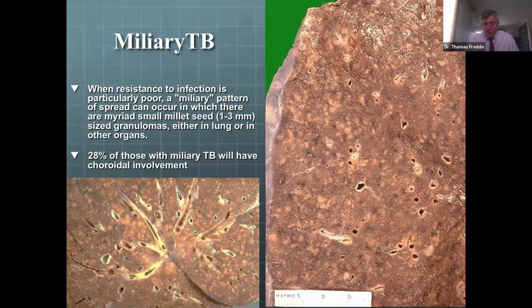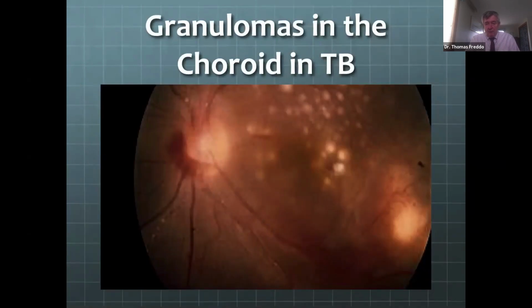Finally, and again, this is just a cursory overview and reminder, is miliary TB. When resistance to infection is particularly poor, a miliary pattern of spread can occur in which we see myriad small millet-sized granulomas, either in the lung or in other organs. Taking care of eye patients, this is a particularly important variant for us because about a quarter or more of those with miliary TB will have choroidal involvement, as you can see here.